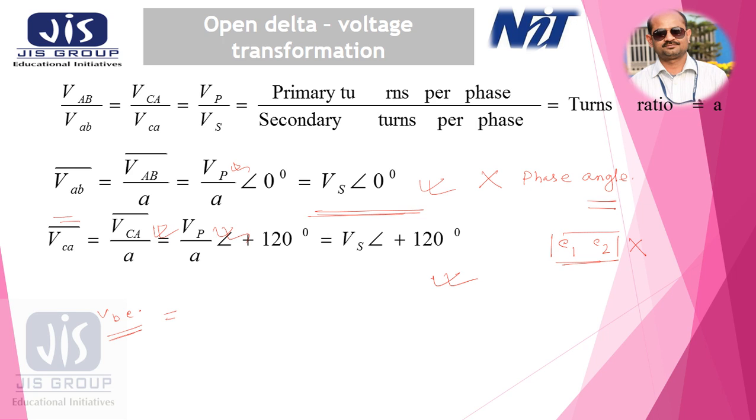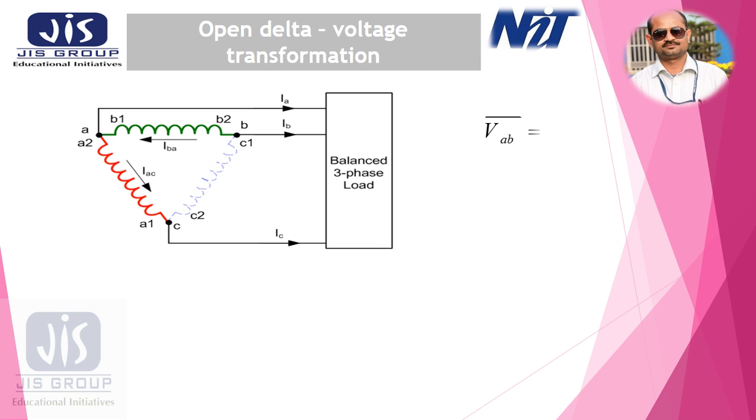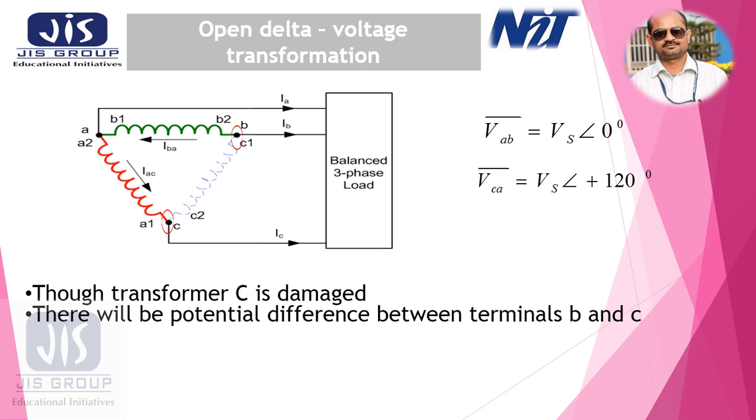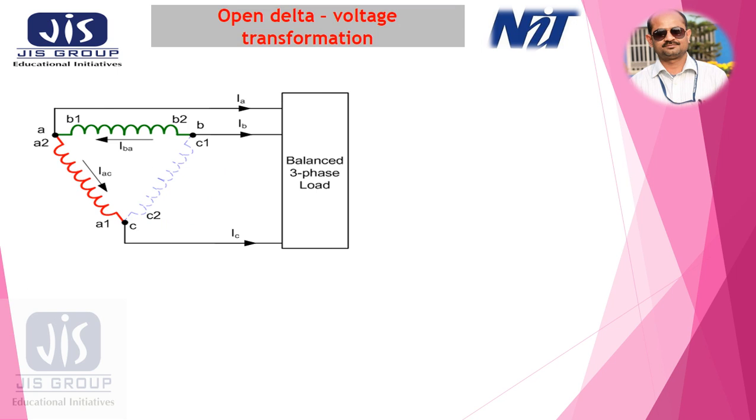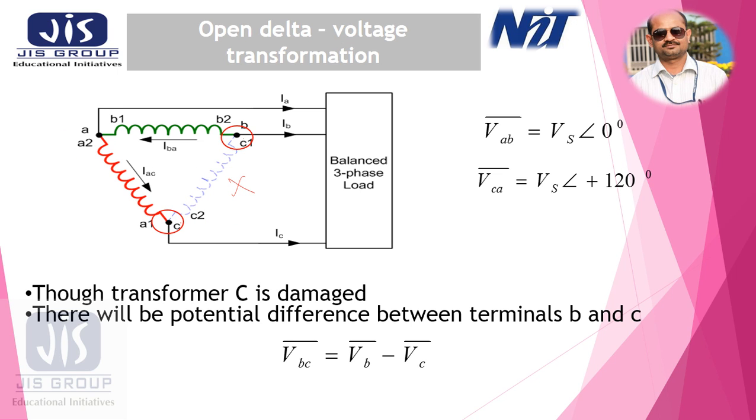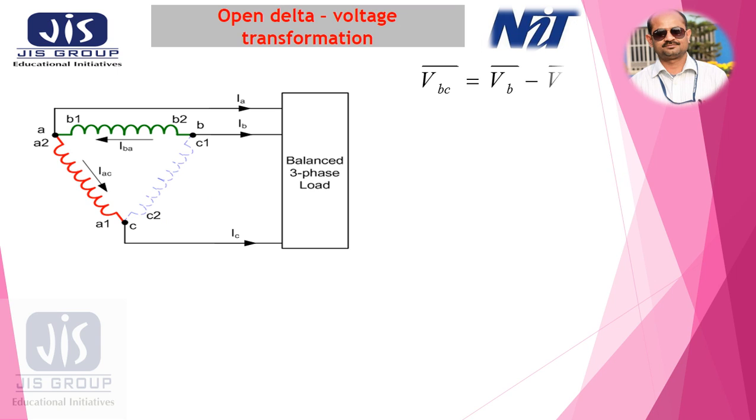So what will be my VBC? It doesn't exist as a winding, but there exists a potential difference between B and C.